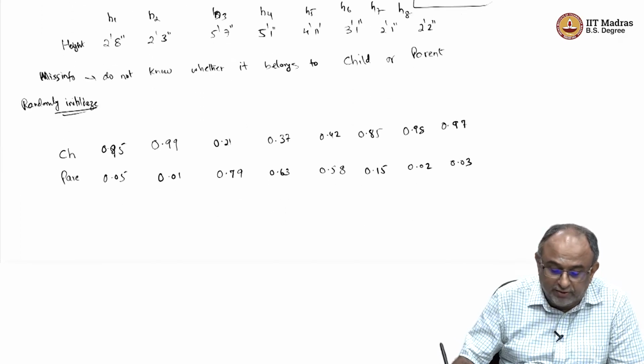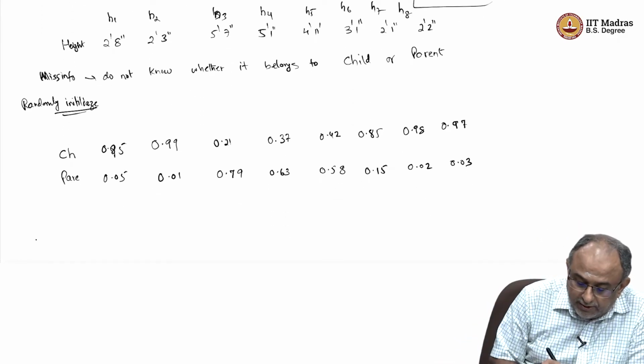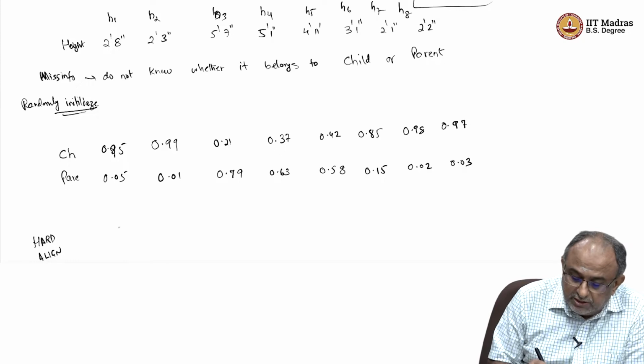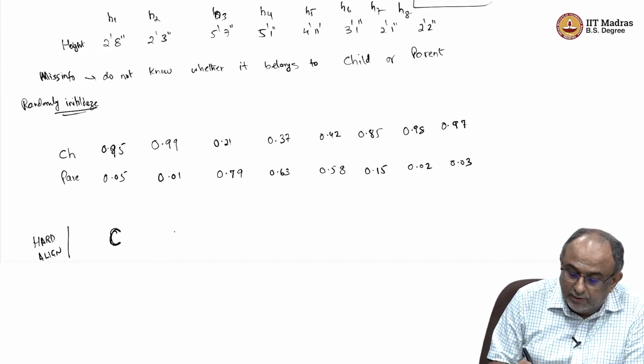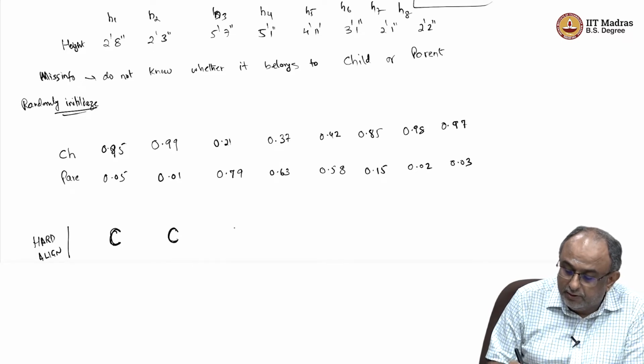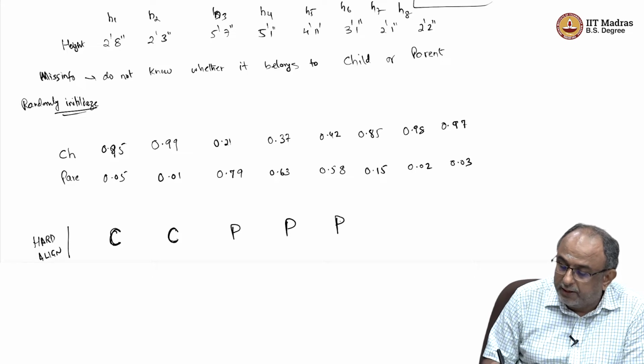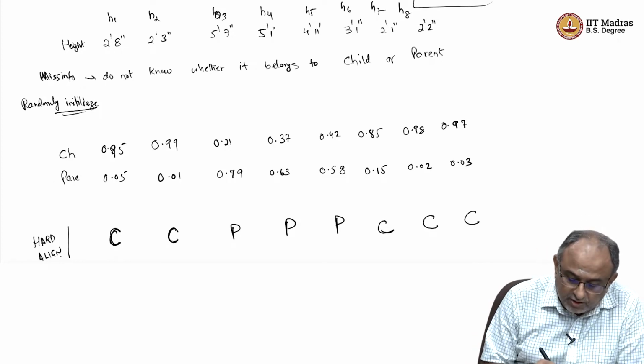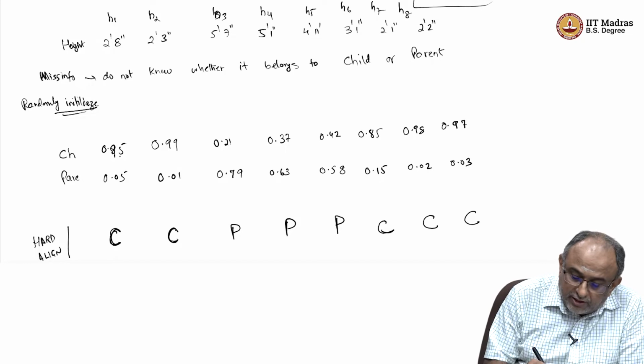You can do it two ways. The hard alignment is, we will say child, child, parent, parent, parent, child, child, child, right? Why? How did I choose this? This is called hard alignment. Child 0.95 is bigger than parent 0.05.